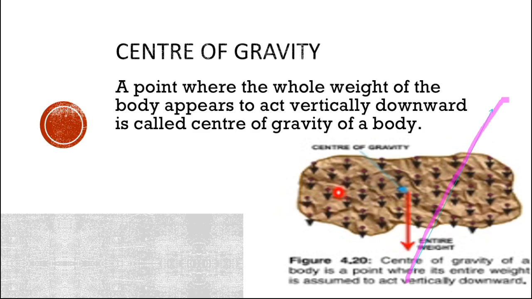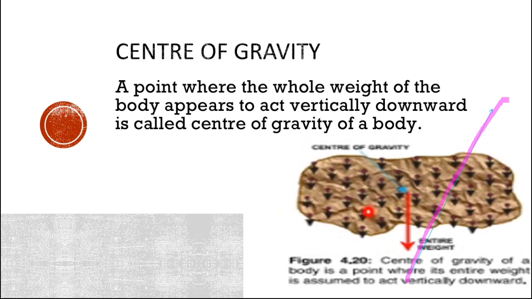So the Earth attracts every particle towards its center by a force known as force of gravity, which is acting on particles, or the weight of the particle. So if I am considering a single particle, it will also have a certain weight.